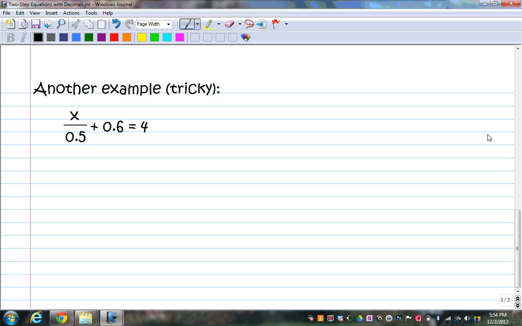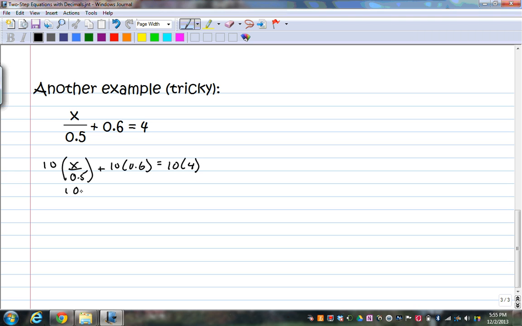So go ahead and try this, though. Okay, for this problem, hopefully you realize that you need to multiply by 10. So I'm going to take the first term, 10 times x over 0.5, plus 10 times 0.6 is equal to 10 times 4.